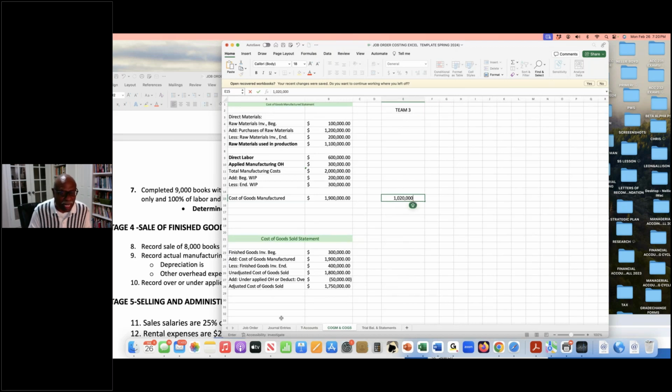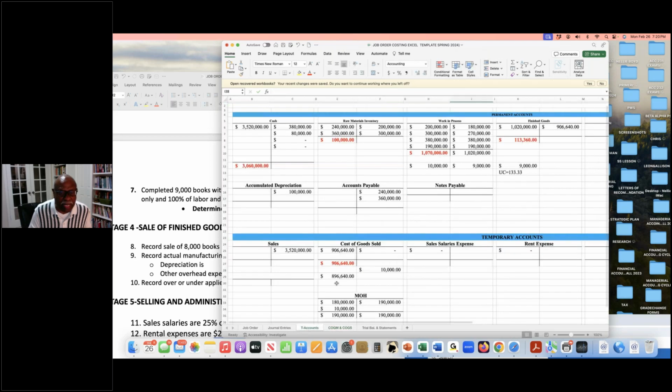Then for cost of goods sold, the answer is going to be the ending amount in here, 896,640.